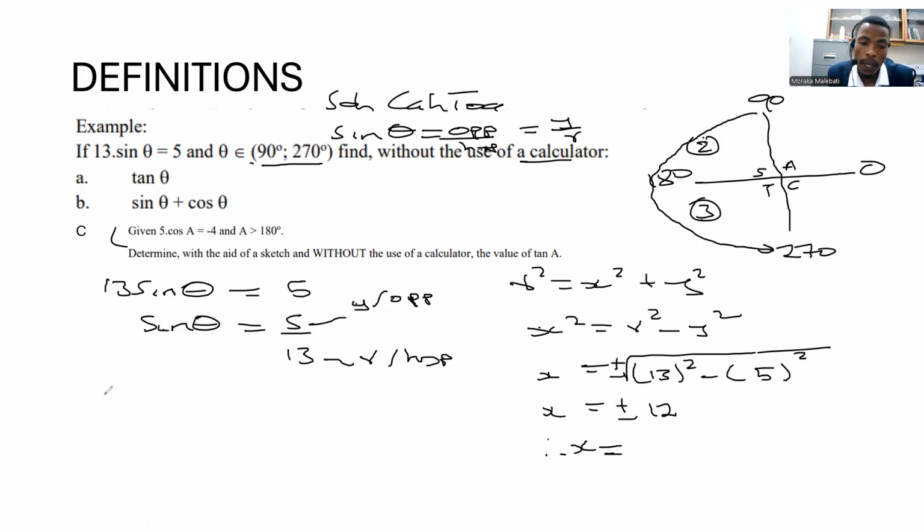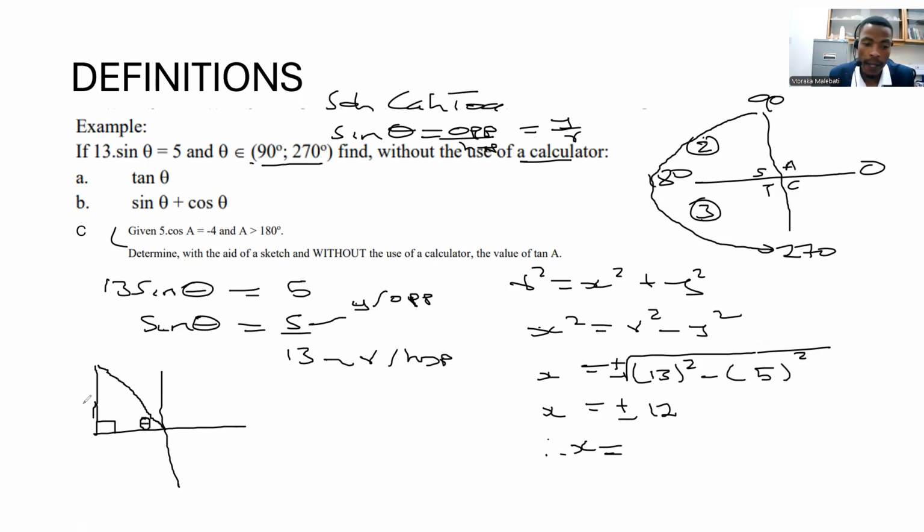It means now you have to put your right angle triangle in the second quadrant. You always have to draw it, and always extend the y to the x-axis. Then this is your right angle triangle, this is your 90 degrees, and this is your theta.